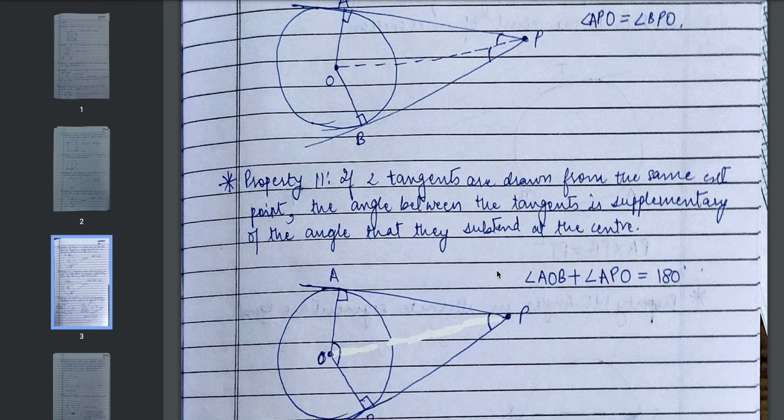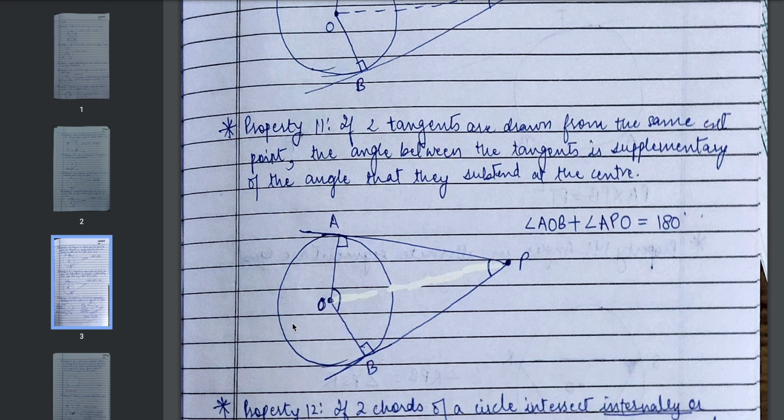Property 11, if two tangents are drawn from the same exterior point, the angle between the tangents is supplementary to the angle that they subtend at the center. So the angle between the tangents is supplementary to the angle that they subtend at the center.